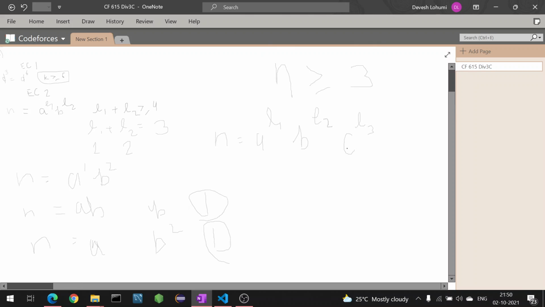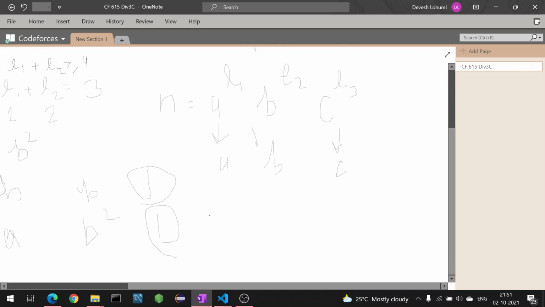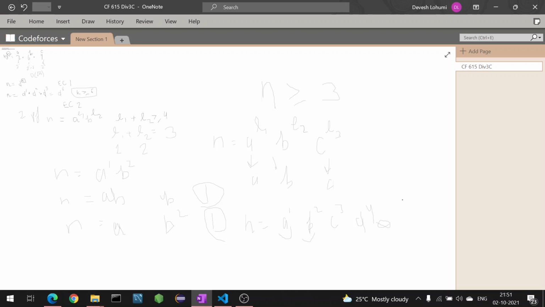We can simply say that this is my a, this is my b, and this is my c. And if there are more than 3 prime factors, say n is of the form a power something, b power something, c power something, and d power something, we can simply say that this is my first number, this is my second number, and all of this product combined is my third number.